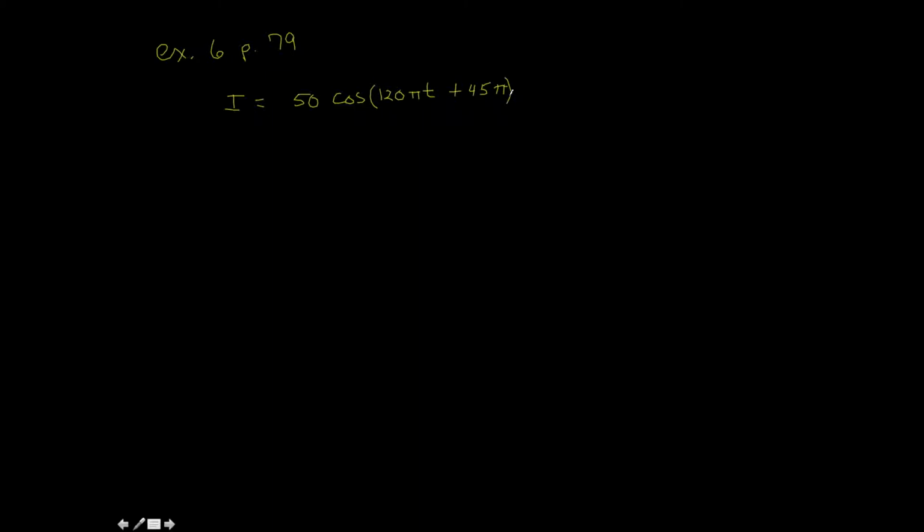What is the current to 2 decimal places? So what is I when t equals 1.09 seconds?